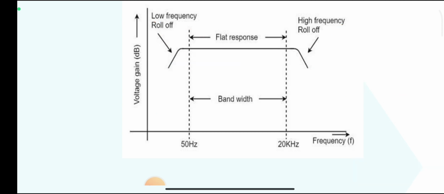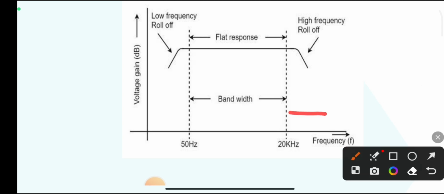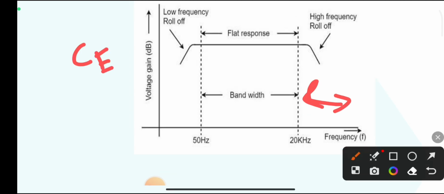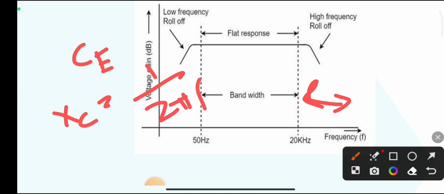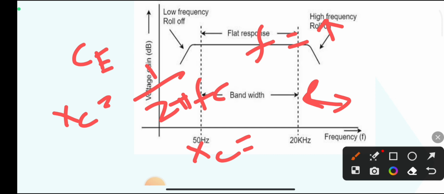Okay, next, at higher frequency, the bypass capacitor is also a capacitor, so it has capacitive reactance 1 over 2 pi Fc. For higher frequency, F is higher, so Xc is very low.